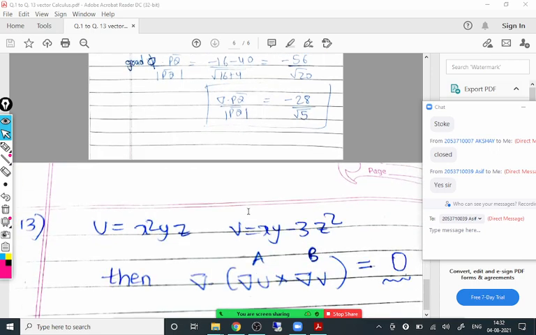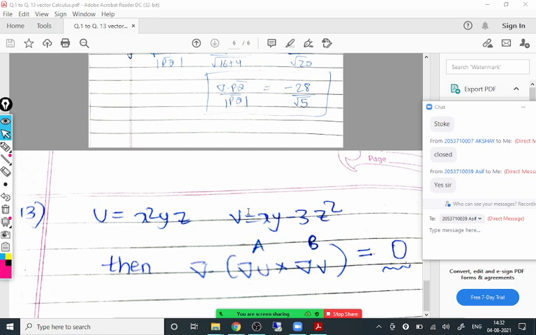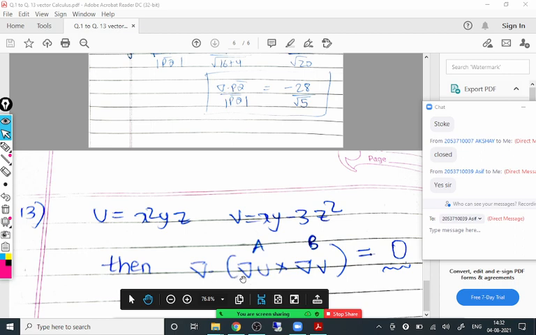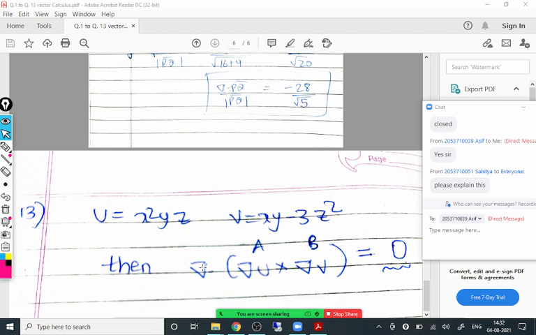Okay. Question 13. Let u be equal to x square yz, and v is xy minus 3z square. Then del dot (del u cross del v) is equal to 0. Yes, okay, so this is just the same thing. It is a gradient. Yes, Sahitya, you already wrote one statement before this.